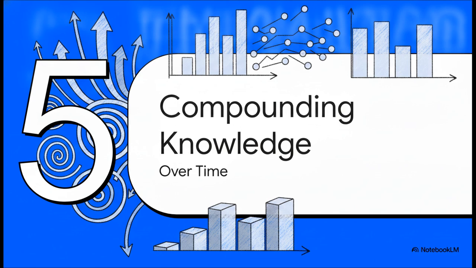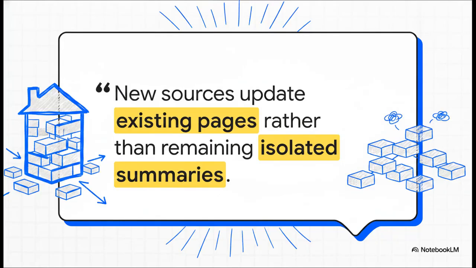Finally, Section 5, compounding knowledge over time. The true power of this entire architecture is captured in this one core idea. Knowledge compounds over time because new sources update existing concept pages rather than remaining isolated summaries. Remember our house analogy from earlier? Traditional RAG was just you searching for scattered bricks.